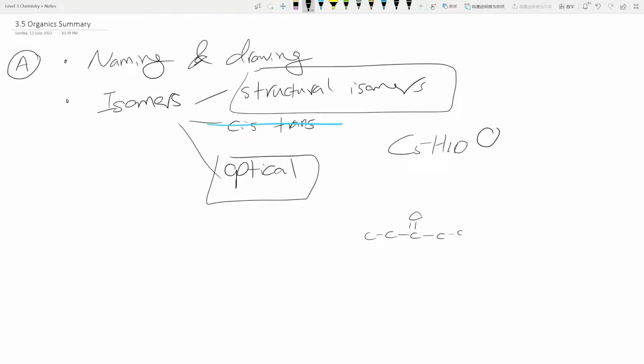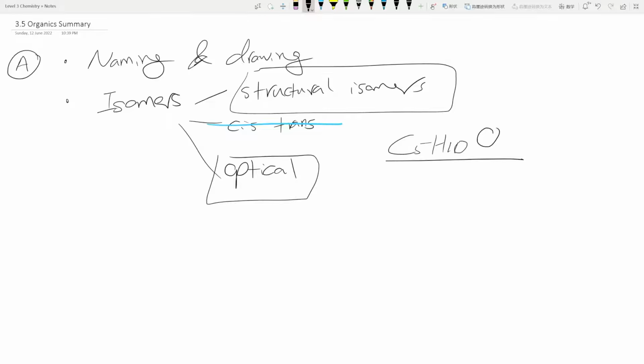They give you something like this: CH3, CH3, CH2, something like that. So they give you something like this, C5H10O, and they give you some conditions, and they'll go, oh, this particular structural isomer of this can react with Tollens' reagent.